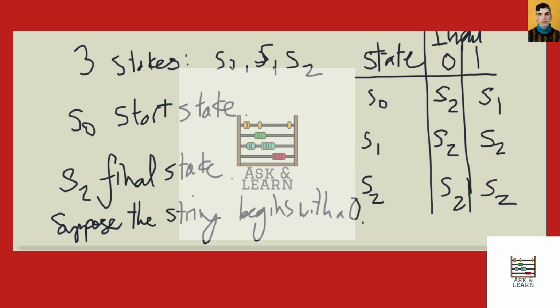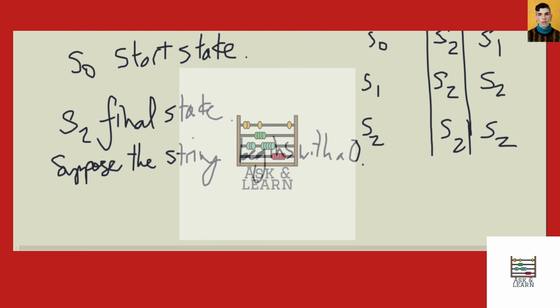Then, according to our rules, we're going to move from state S0 to state S2. And we see that once you get to S2, we always remain at state S2.